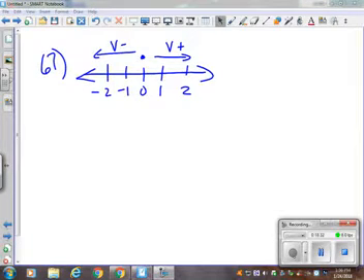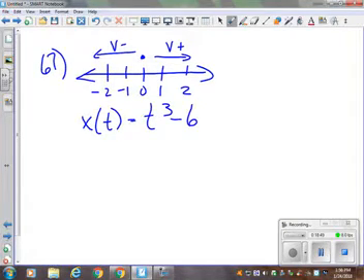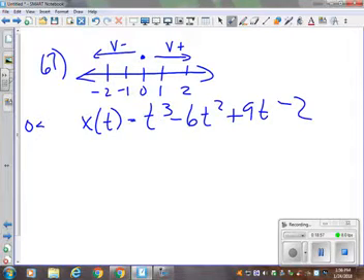All right, so as we go through this question, we're really focusing tremendously on what each part of the problem is telling us. So with x sub t, the original formula, being equal to t cubed minus 6t squared plus 9t minus 2, it is only a good formula if our domain falls between 0 and 5.